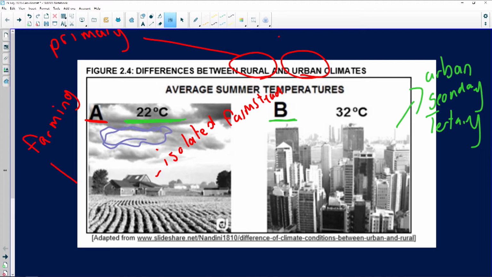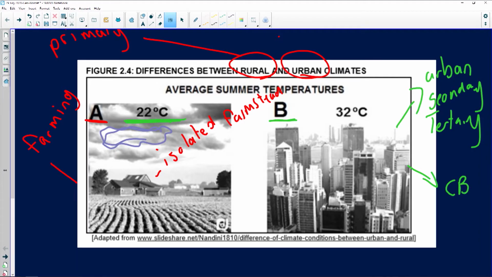Now, what we've learned so far as well, if you look at the tallest buildings, the high-rise buildings, in an urban profile, can you remember what an urban profile is? It's a side profile of the urban area. Where will we find the tallest buildings? The CBD. So we can identify photograph B as the CBD of the urban area.